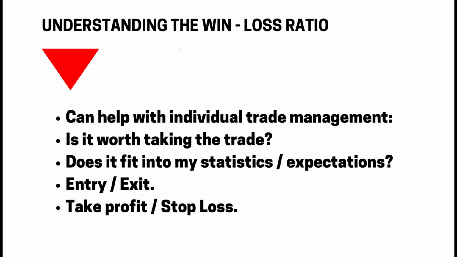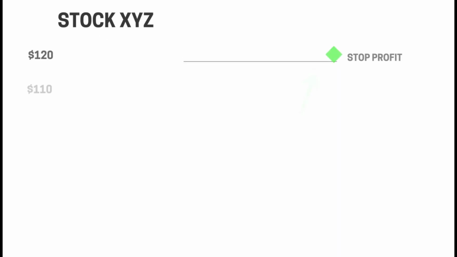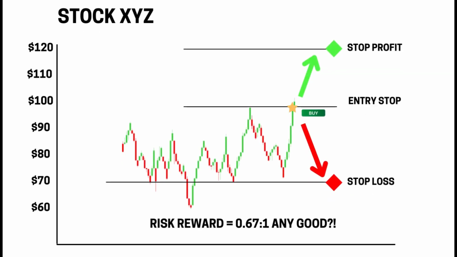And let's also take a look at a quick hypothetical example where you can start to use technical analysis to come up with these statistics and data as well. We've got a hypothetical stock called XYZ. We've used maybe Fibonacci or pivots or just trend analysis, whatever it is, to come up with a risk reward around the trade. And that idea might only provide 0.67 to 1 in this example.